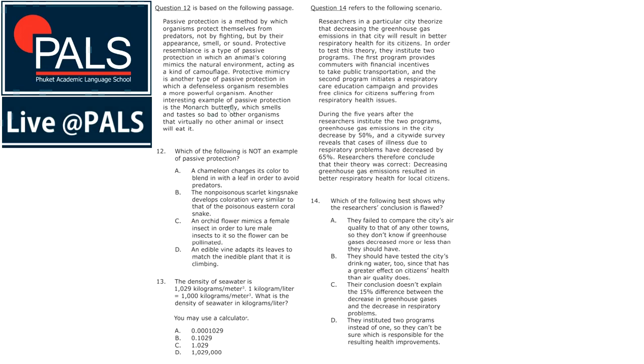Another interesting example of passive protection is the monarch butterfly, which smells and tastes so bad that virtually no other animal or insect will eat it, except some specific bird species that do eat them. Which of the following is not an example of passive protection?